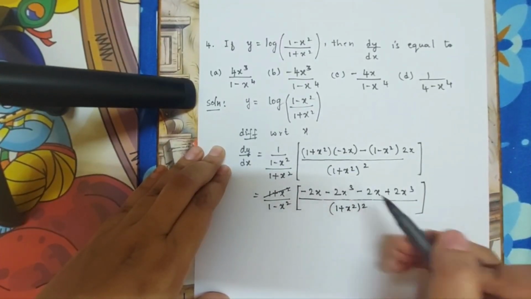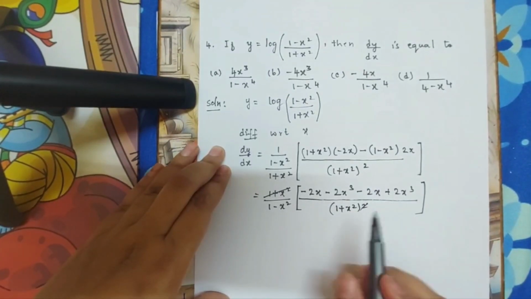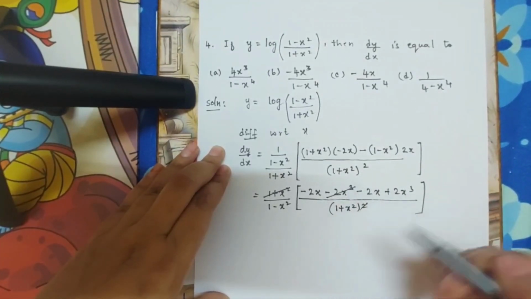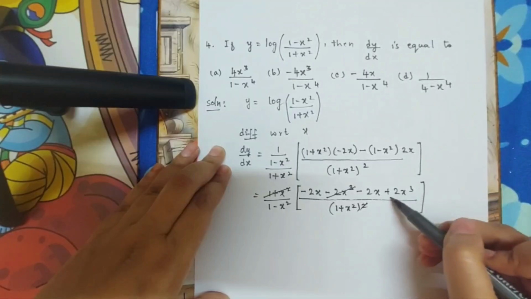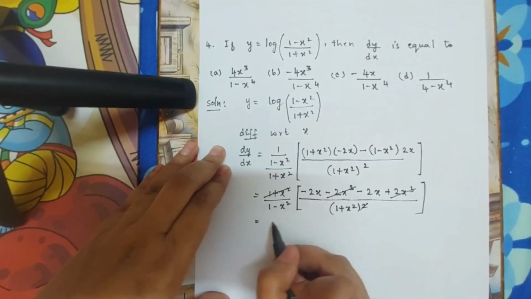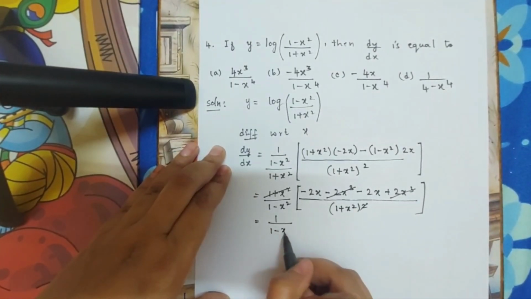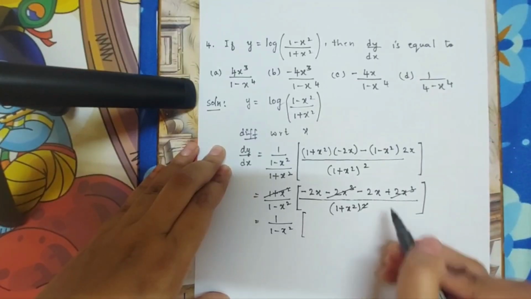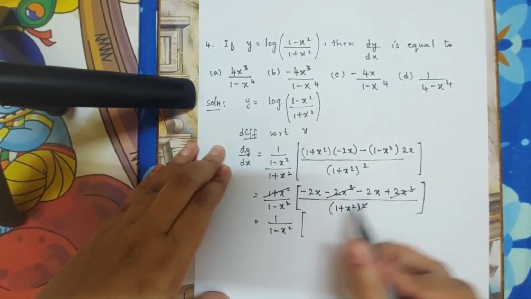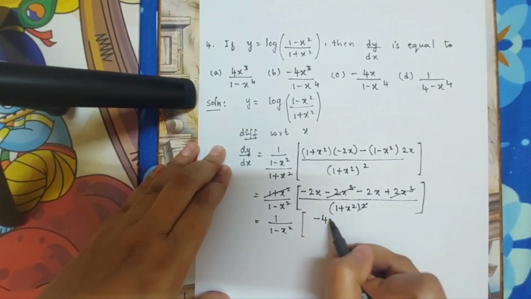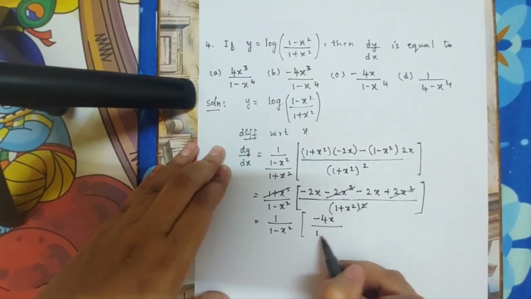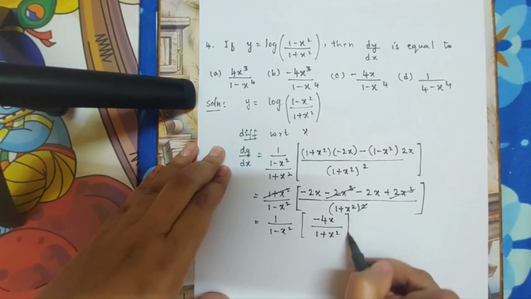So this 1 plus x square and this square will get cancelled. Along with that, minus 2x cube plus 2x cube will also get cancelled, and we are left with 1 by (1 minus x square) multiplied with minus 2x. So we'll be getting it as minus 4x divided by 1 plus x square.